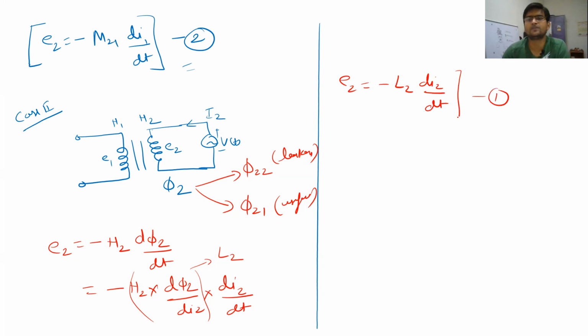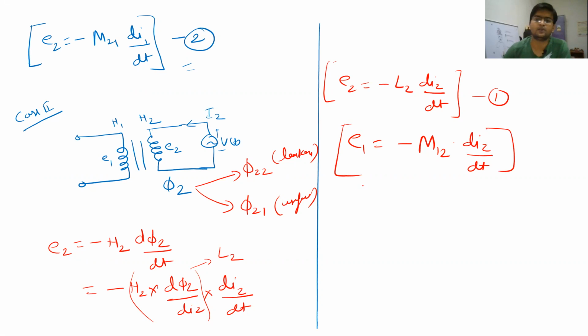So this is your equation 1. And similar to the previous case, we will get E1 as minus M12 di2 upon dt.